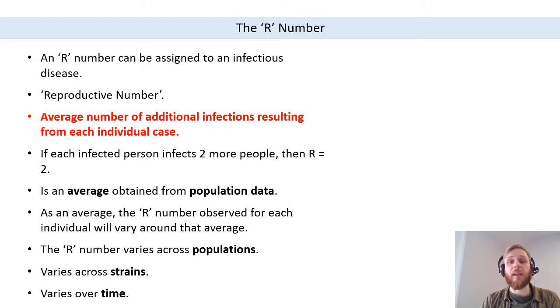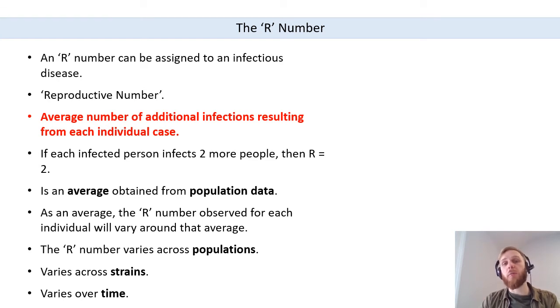And obviously in the case of COVID, we've spent quite a lot of time trying to bring down the R number. So it's not a static thing. A particular infectious disease doesn't just have a particular R number and that's the end of it. There are factors that impact the R number of an infectious disease, and this is important from an epidemiological perspective because that means there are things we can do to bring the R number down and reduce the spread of infection within a population.